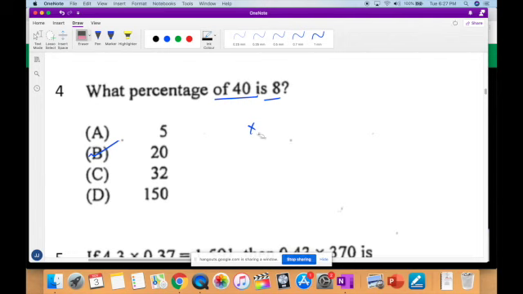Nice reasoning. But as I said, algebra is a superpower. So you could work this out using algebra. It's an unknown percentage of 40 equals 8. We're just using algebra here, and it's simply a different way of working it out.